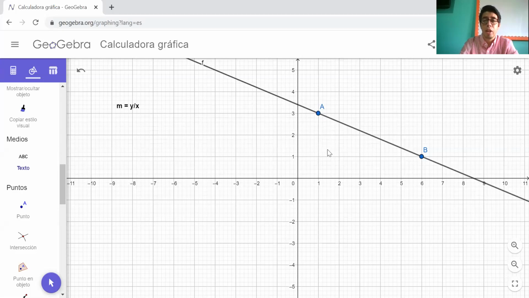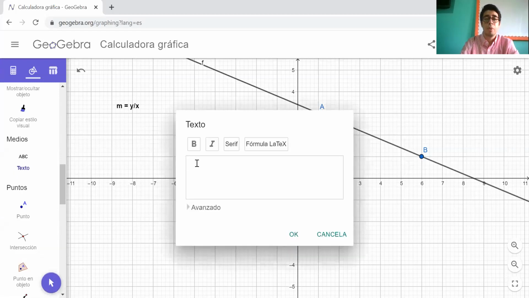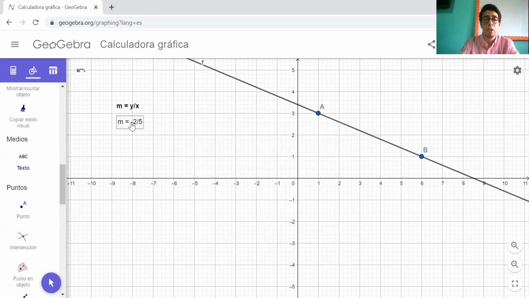And what is the change for X? If you start here, you can see that you start here, right? 1, 2, 3, 4, 5. So the change for X is 5, and I place that M is equal to -2 over 5. But this is going to be negative. So this is the slope for this graph.